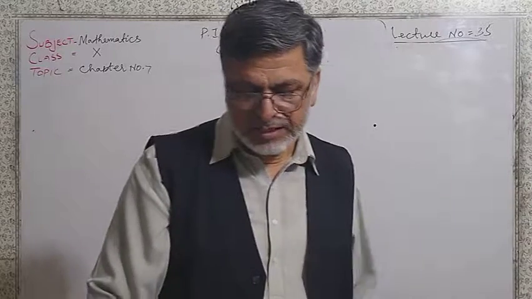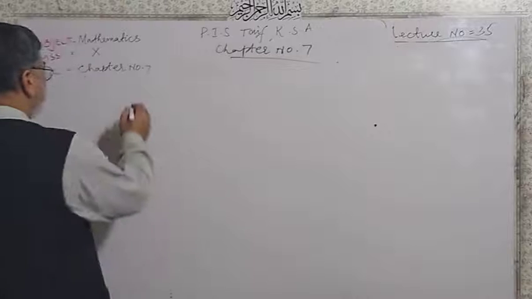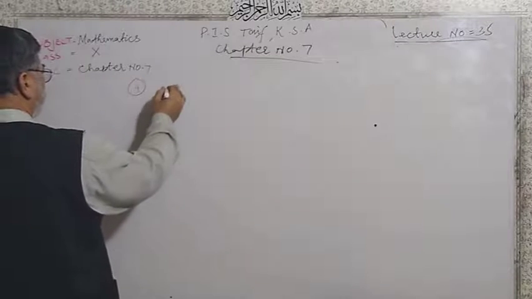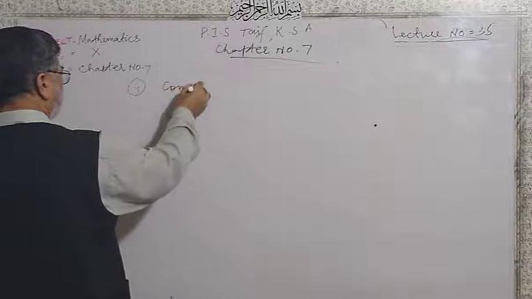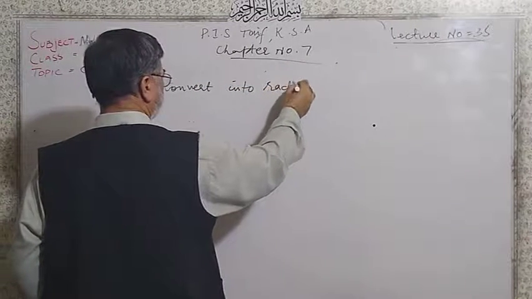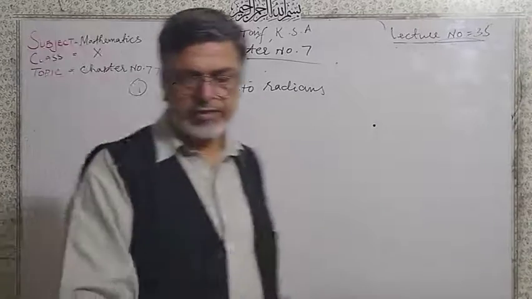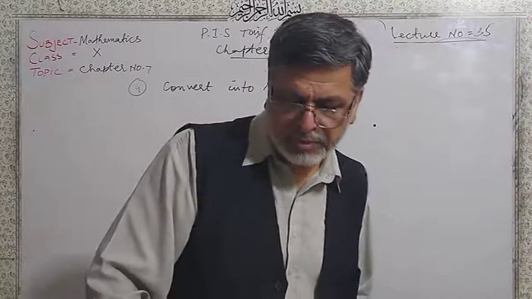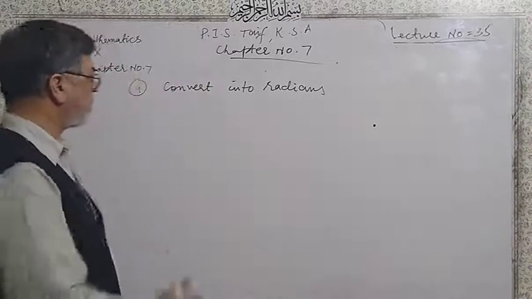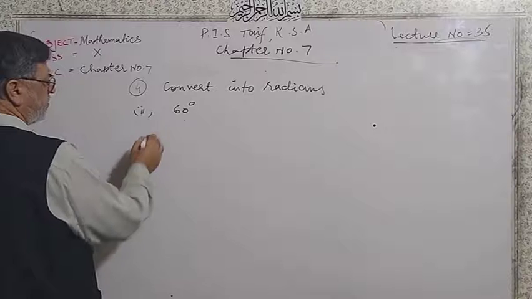Question number 4. Express the following angles into radians. Convert into radians. Suppose this is part number 2, 60 degrees.